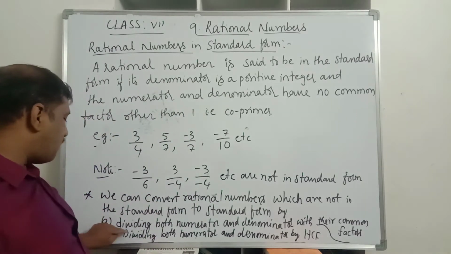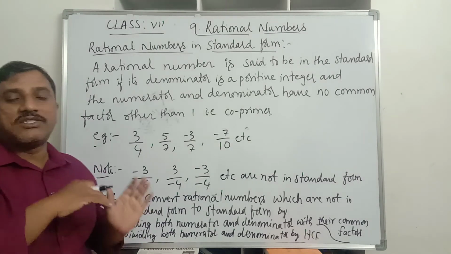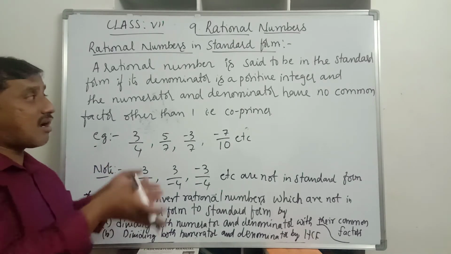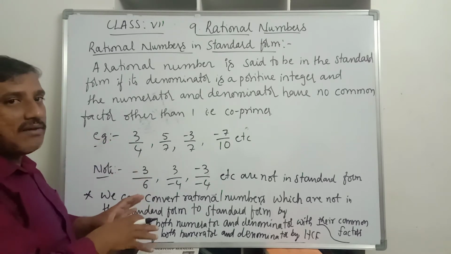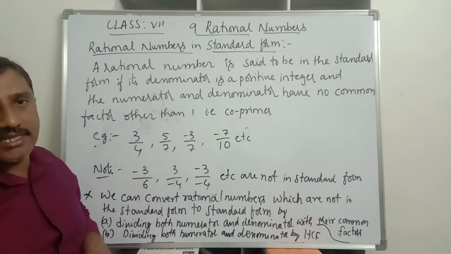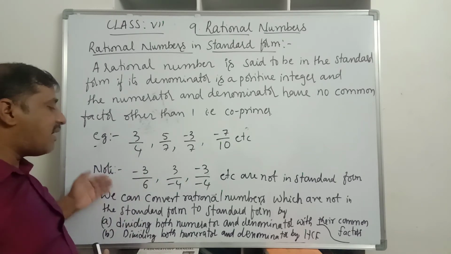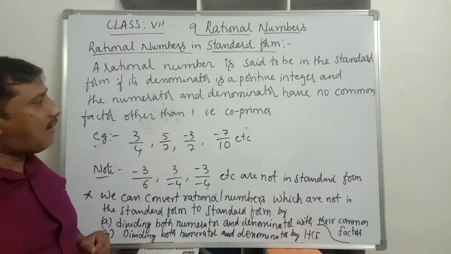In the first method we get more than one step, but the second method takes only one step to convert rational numbers which are not in the standard form to rational numbers in the standard form. Two methods are there. One is by dividing directly with their HCF, or by dividing both numerator and denominator with their common factors.